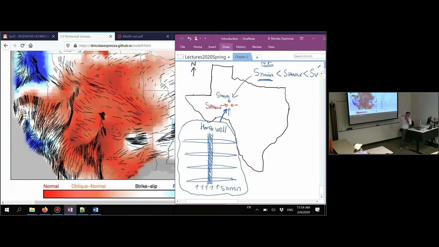a stress on the walls that on the bottom and top wall we have a vertical stress that, let's say, is 10 atmospheres. On the walls facing east-west we have a stress which is 5 atmospheres. And on the walls north and south we have a stress of 2 atmospheres.